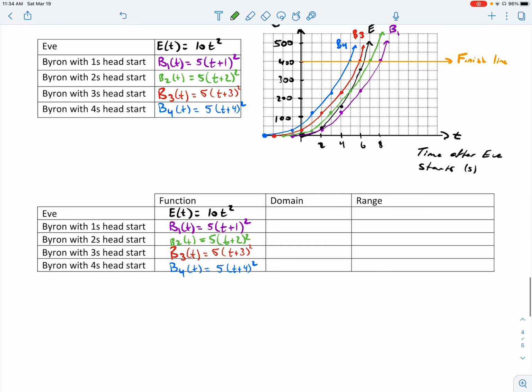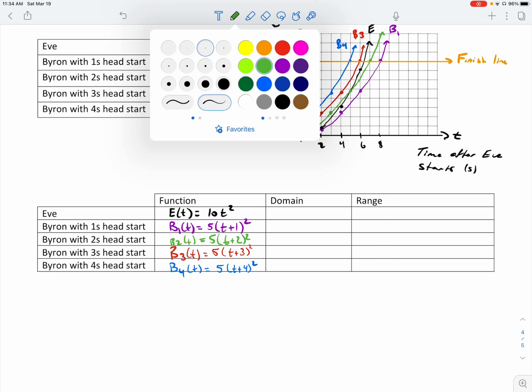So if we're going to do the domain and range, I'm thinking the race should only be valid from the time the car starts moving till it finishes the race. So I'll just add that in real quickly here.